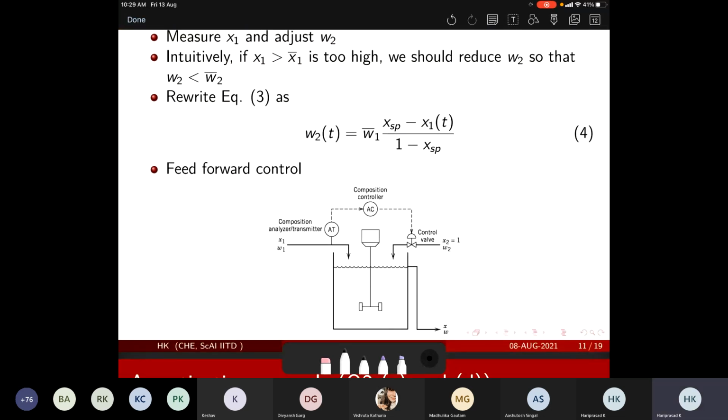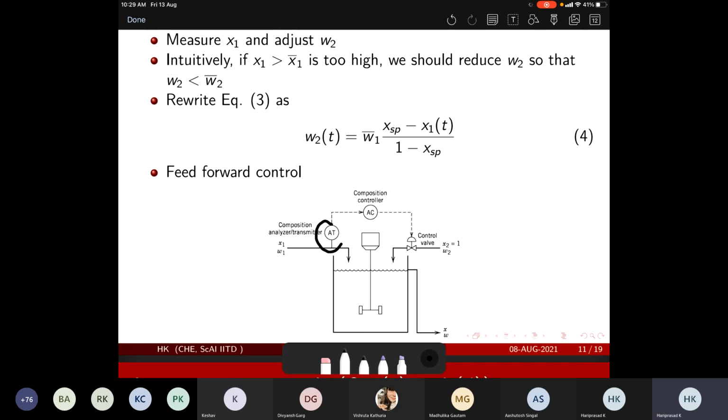So now look at this case. This is measuring beforehand. So you are now looking at a variability in the incoming feed. So you are now doing a prophecy. Okay, so there is some variability here. Before it affects my system, let me go and try changing the output so that when this effect comes in here, this effect also comes in here.